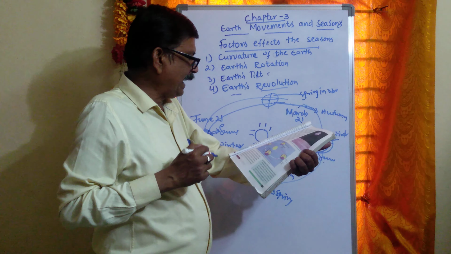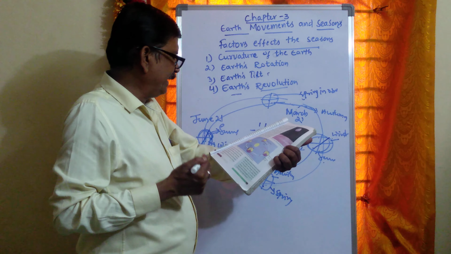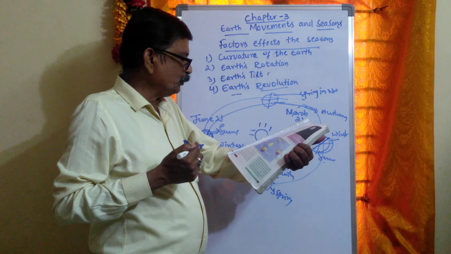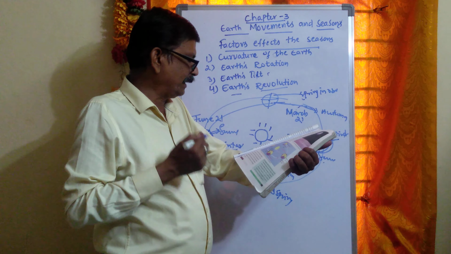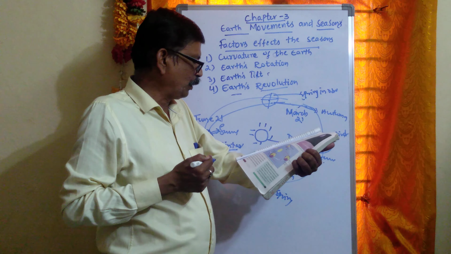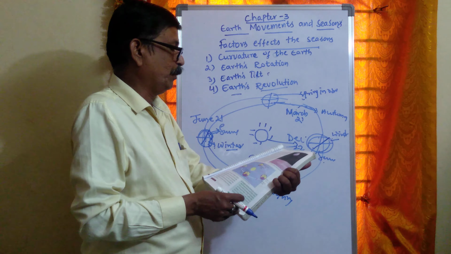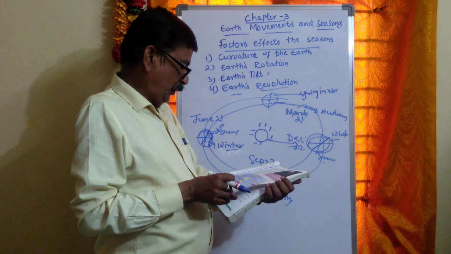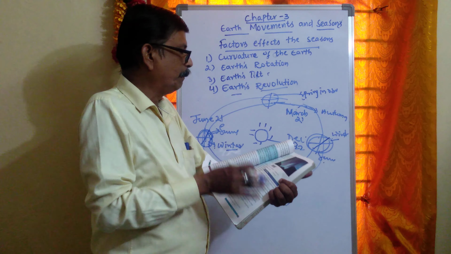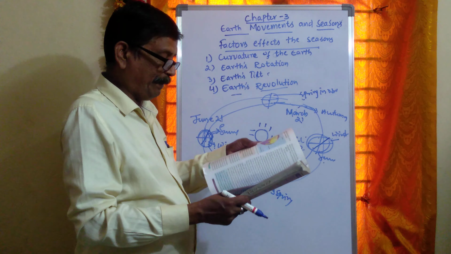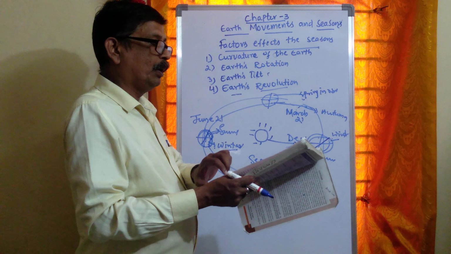In some months, like March and September, it is the equator which faces the sun directly, and both the northern and southern hemispheres get a similar amount of energy from the sun. So in these two months, March and September, it happens like so.